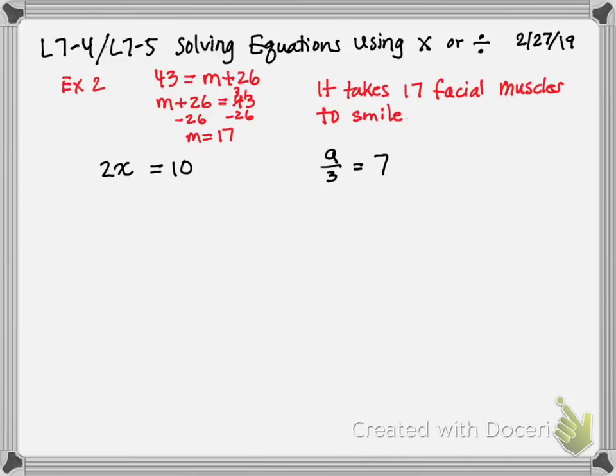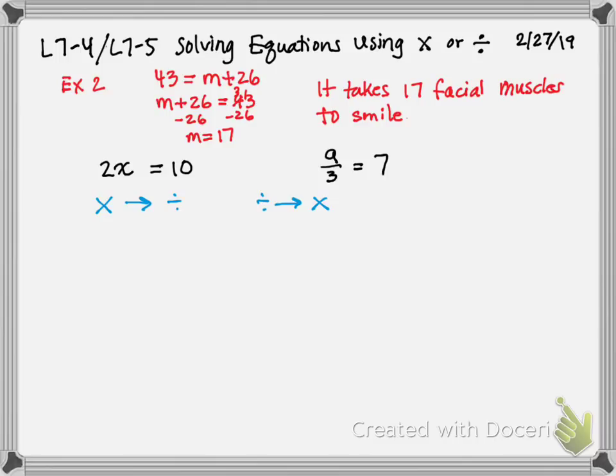Okay? So we're going to talk about how we have inverse operations, that multiplication is the inverse of division, division is the inverse of multiplication, and that we can use these inverse operations to help us to solve.